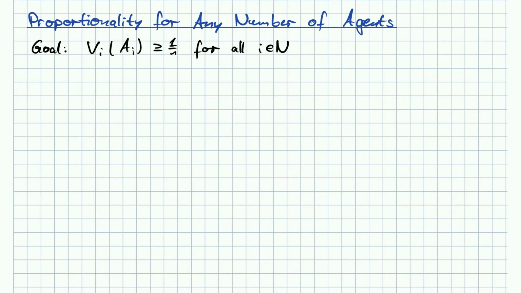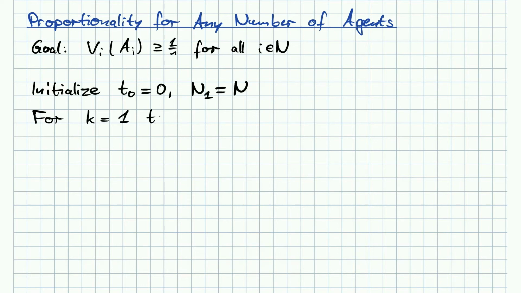So more formally, we initialize T0 as 0 and N1 as n. And now for k going from 1 to n minus 1, we'll do the following.